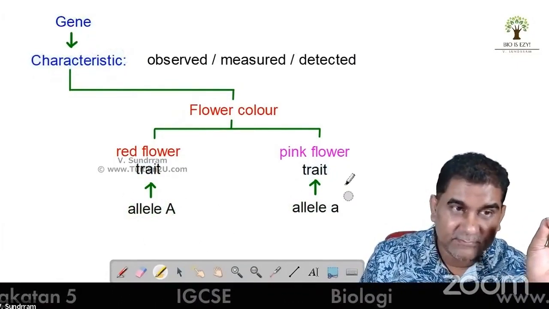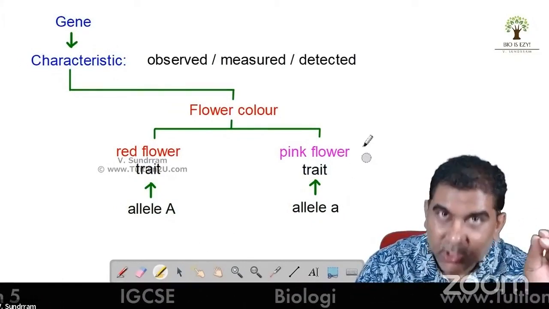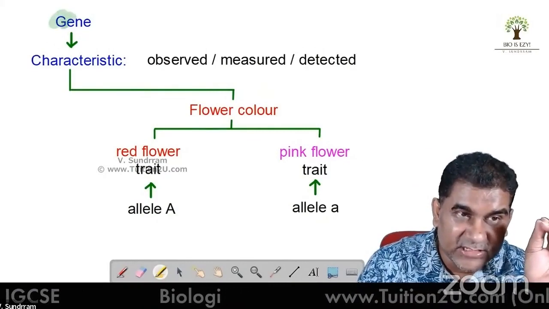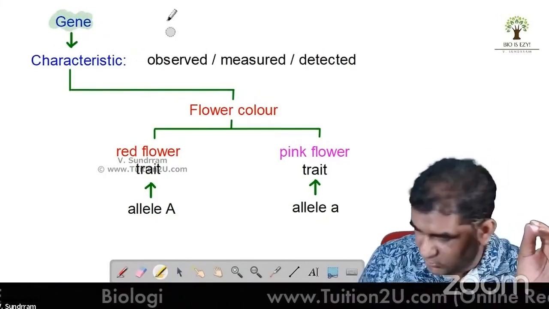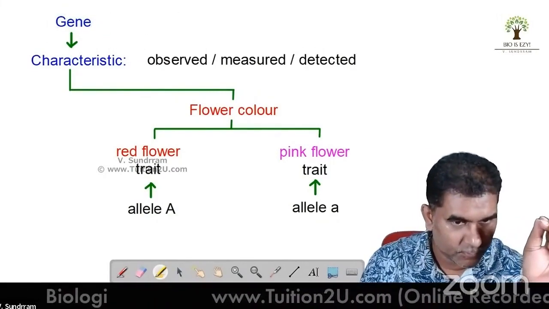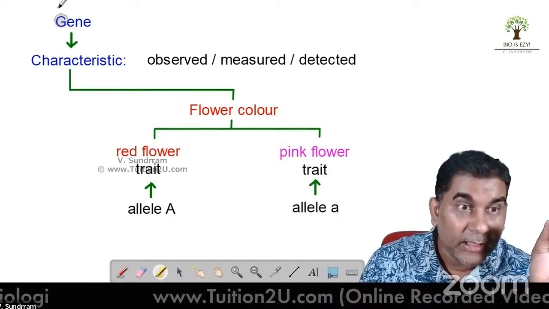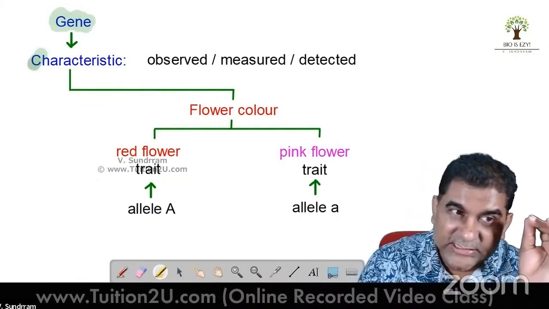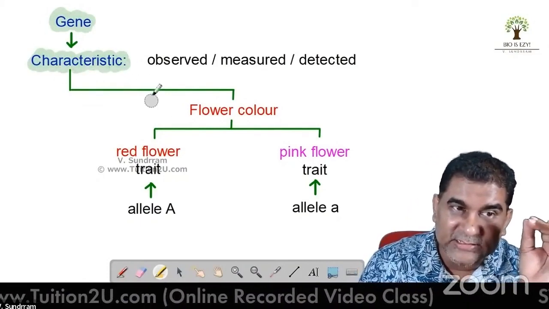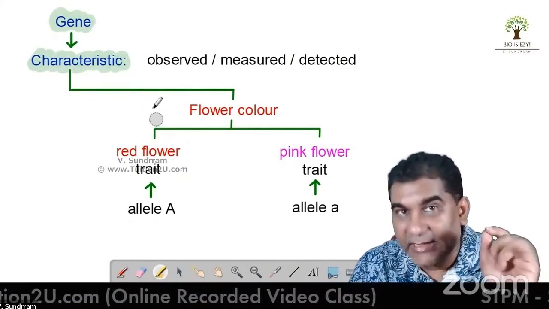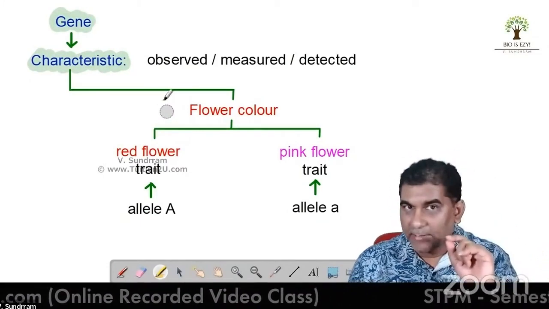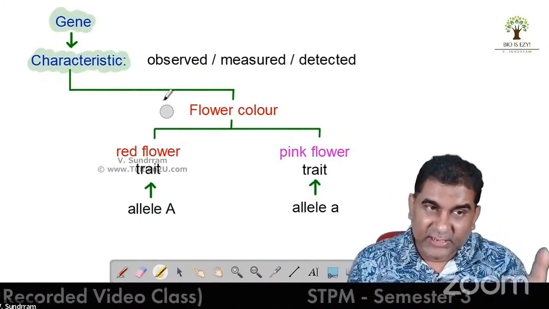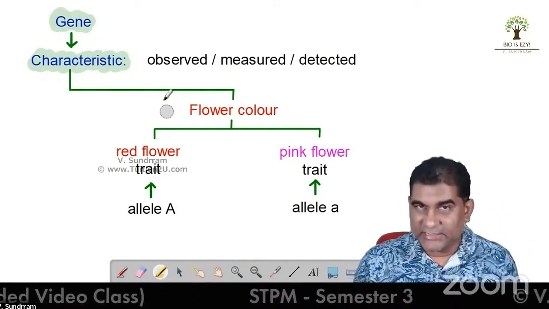Every gene controls a specific characteristic of an organism. Satu markah.